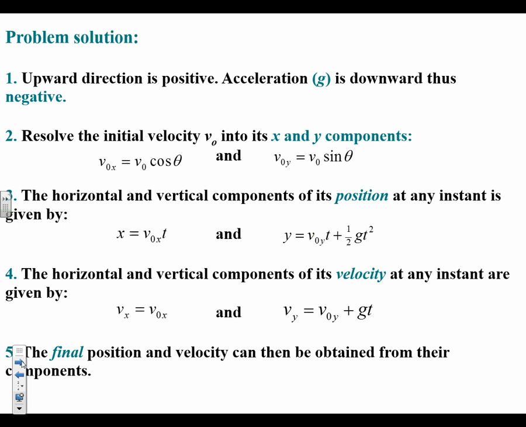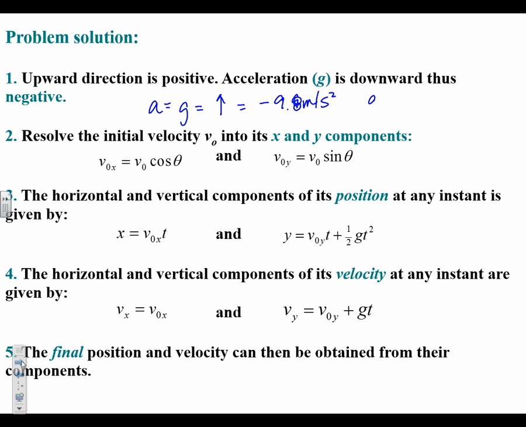All right? Now, when we're doing problem solutions, upward direction is considered positive because it's like the positive line, really. So when we think about it, acceleration is always downwards. So when we use acceleration or g value, and we're saying that it's talking about the up part of the problem, then we're going to say that it's a negative 9.8 meters per second squared.